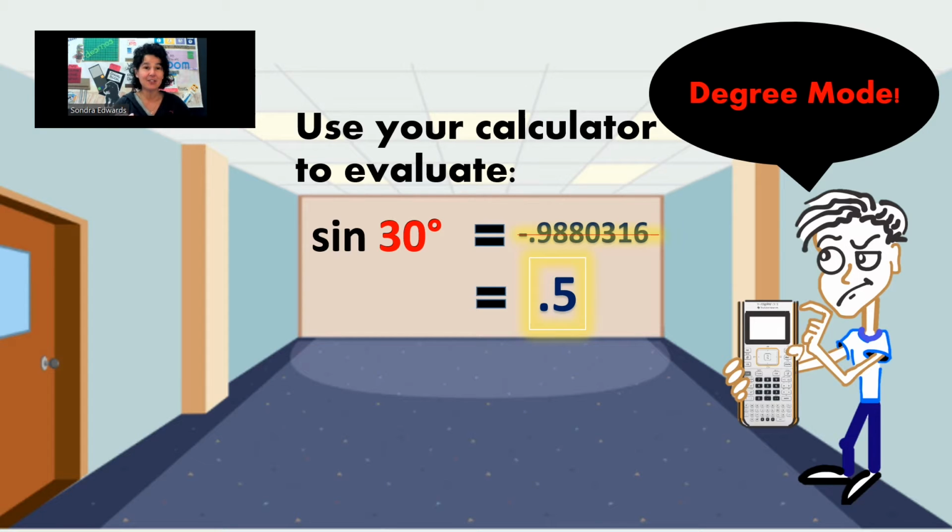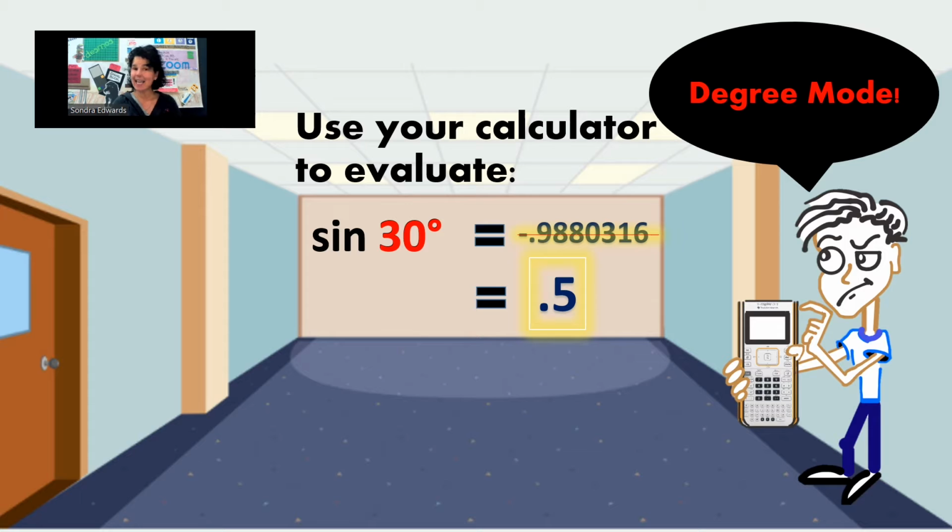I often have high school students going back and forth between AP Physics, which is not calculus based, and calculus, maybe AP Calc BC. When they're in their physics class, they are more often than not in degree mode. But when they walk over to calculus, they are more often than not in radian mode.